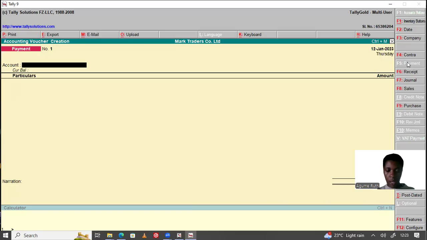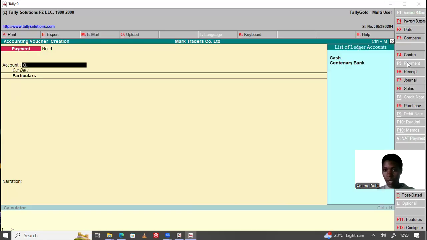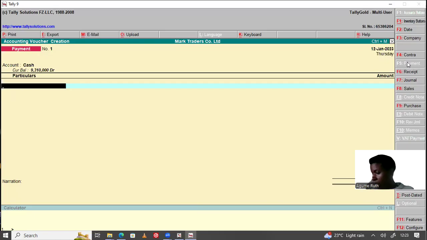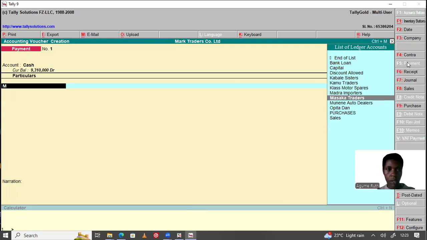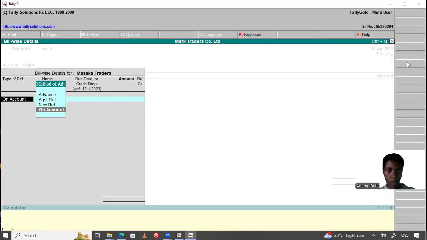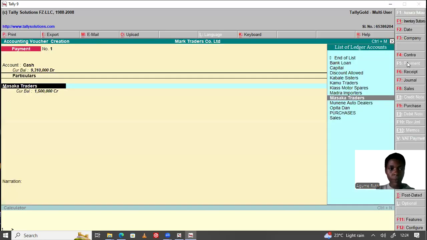Then it is cash, and we are clearing Masaka Traders on account. It is against the reference.